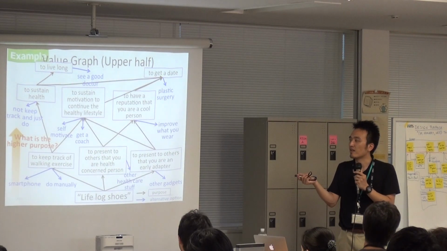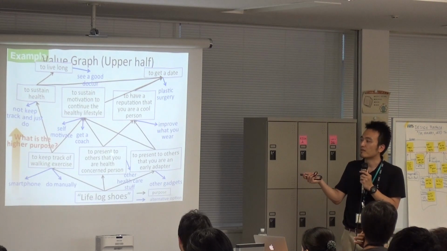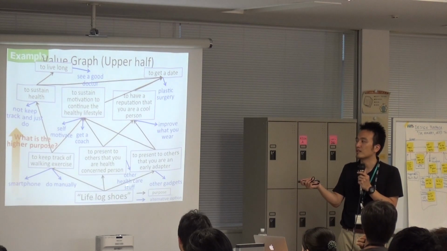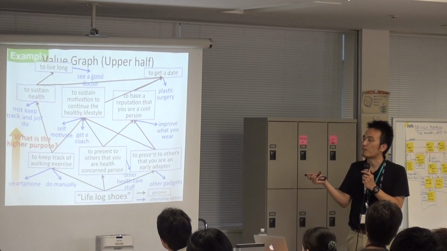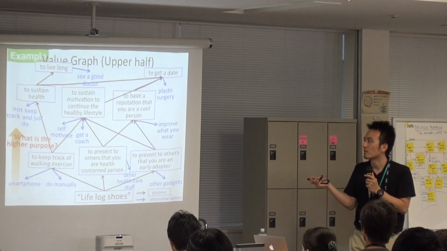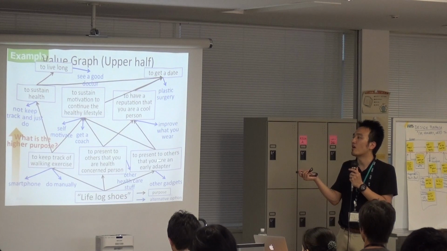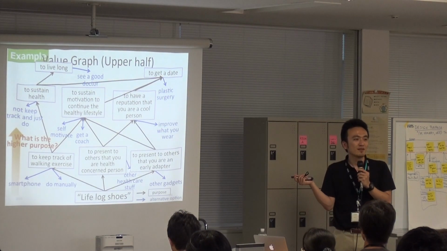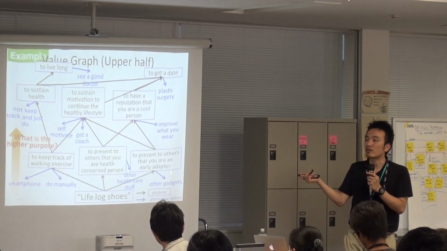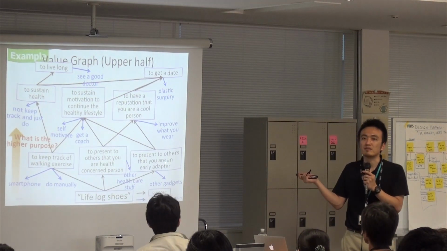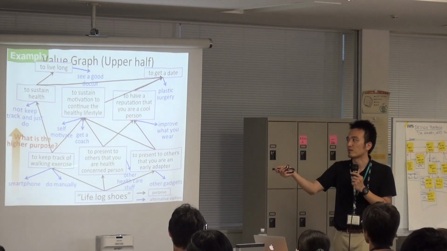All right? And then the alternative to having life log shoes is other healthcare stuff. Right? And then the third purpose that I identified: to present to others that you are an early adopter. Right? You have a new gadget. Right? And of course, other gadgets can be alternative options. Okay, that's my first layer.